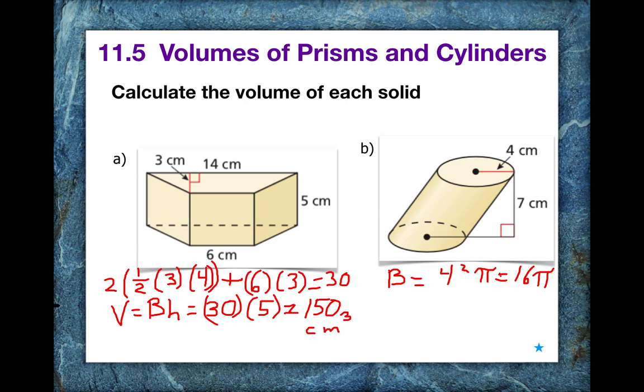So then the volume is going to be 16 pi times 7, and that is going to equal 112 pi, and that's going to be centimeters cubed.